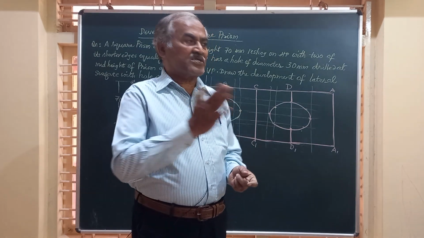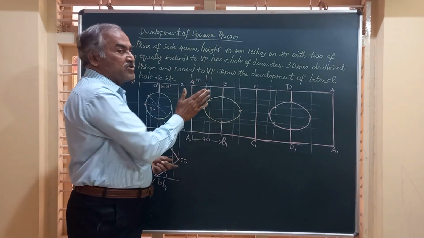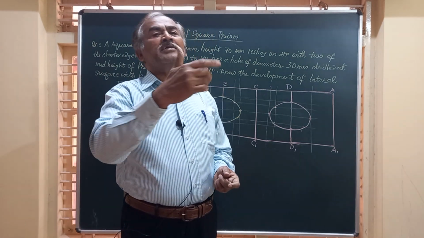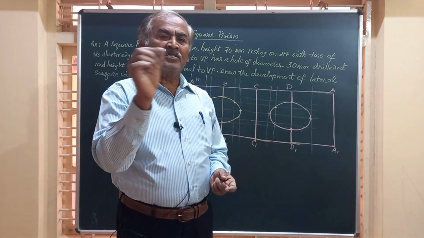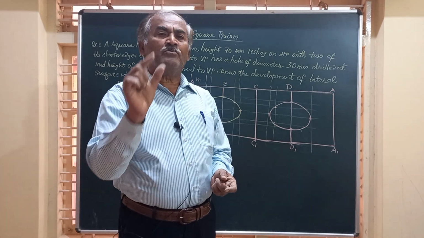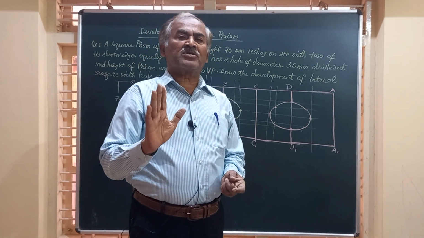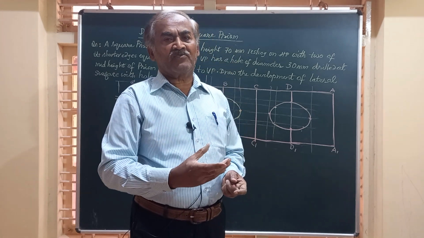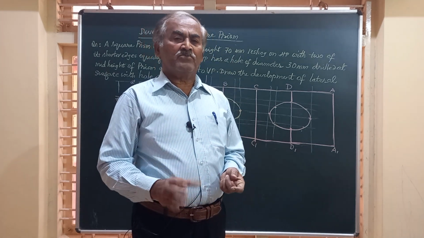And if one of the rectangular faces is parallel to VP, and you are drilling a hole on that face, it appears as a circle, provided the diameter of the circle is less than the width or the side of that prism.